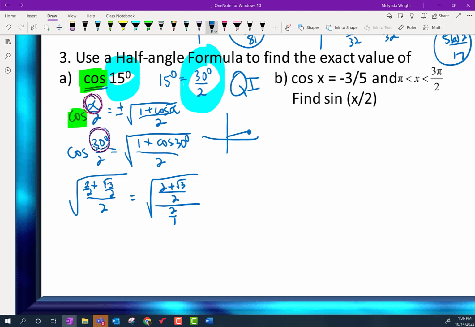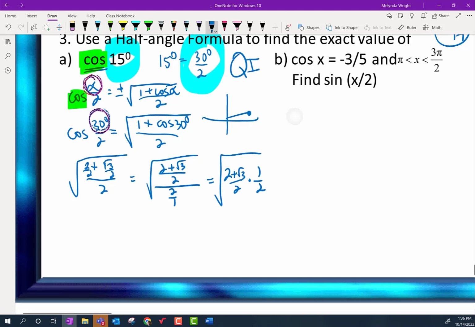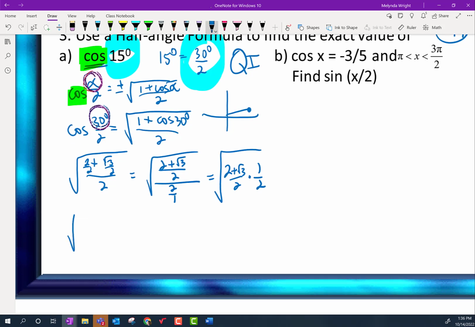Okay, so we're going to do our super fun keep, change, flip. So I keep the numerator like it is. I change division to multiplication. I flip the denominator upside down, and I get this. 2 plus root 3 over 4.